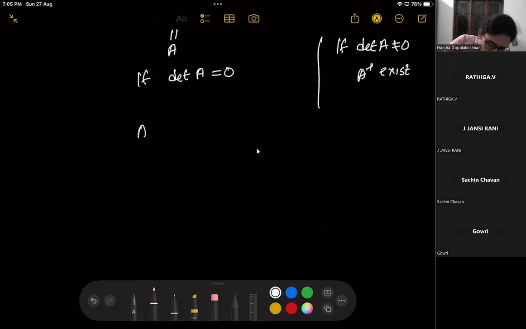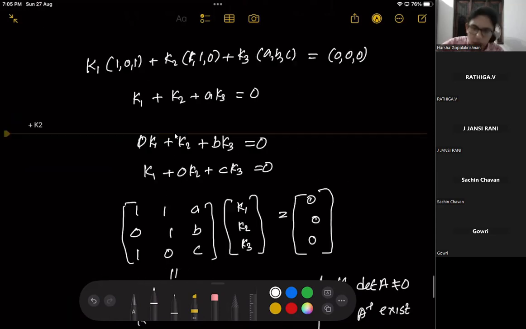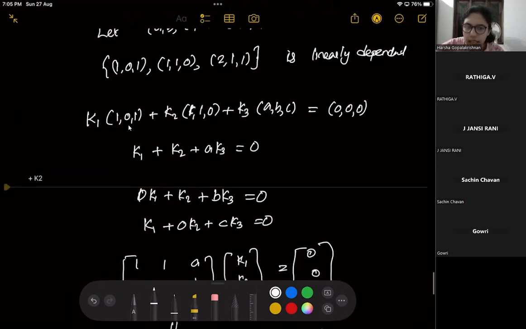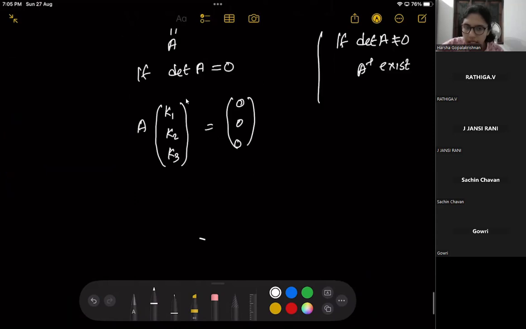What we are having is A into K1, K2, K3 equals 0, 0, 0. Okay. So this K1, K2, K3 we have taken as the coefficients of these three vectors that are given to us. So finally we are having A into K1, K2, K3 equal to 0, 0, 0.